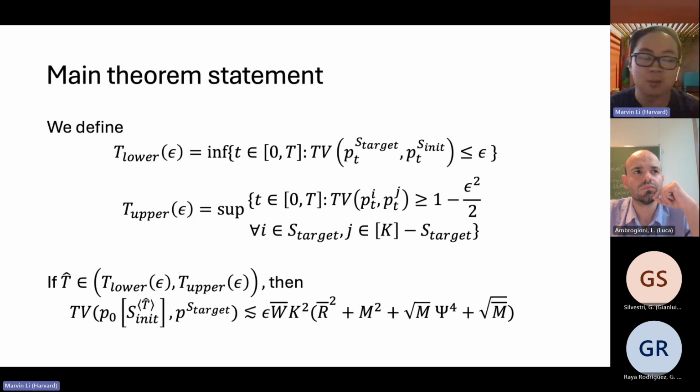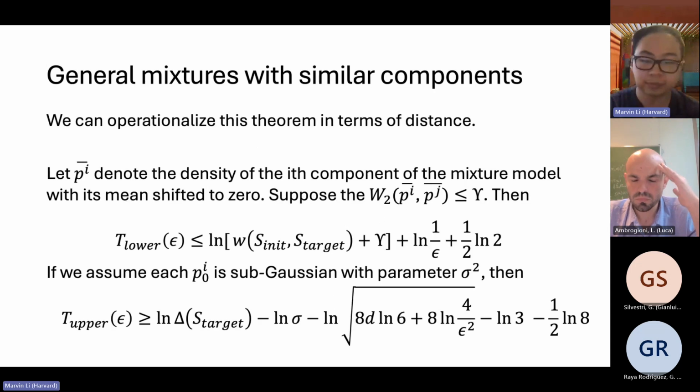And what the bottom equation says is if you take an image from S init, noise up to T hat and denoise it, and then compare it to the case where you just start with S target, then the total variation is less than epsilon times all these terms that we saw before. Let me move to the next slide.